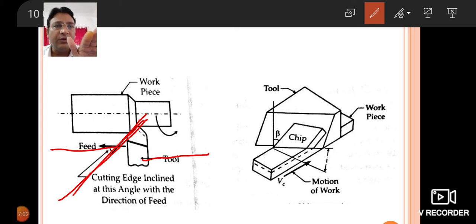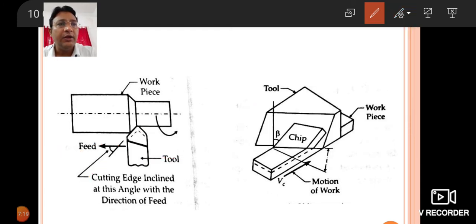You are feeding the tool, so it is always at a certain angle to the direction of the feed. The cutting edge is always inclined at an acute angle. Acute angle means it will always be less than 90 degrees. So this is the very first and the basic difference between orthogonal cutting and oblique cutting.